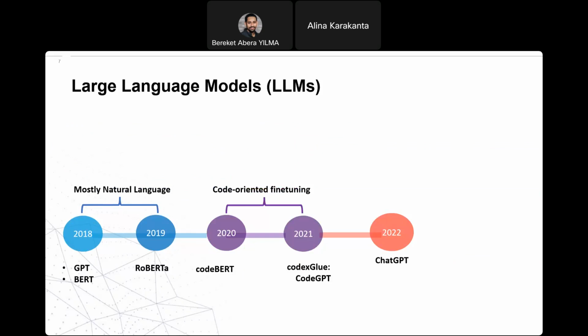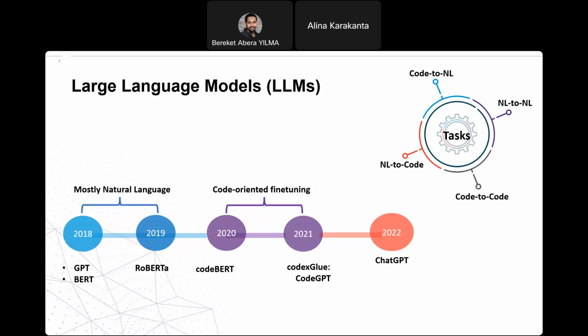And now lately, with the arrival of ChatGPT, we have seen a model that is good for natural language tasks as well as also for code tasks. So for example, for code translation from one programming language to another, code summarization or documentation generation. So we have seen many successes in software engineering in that area.